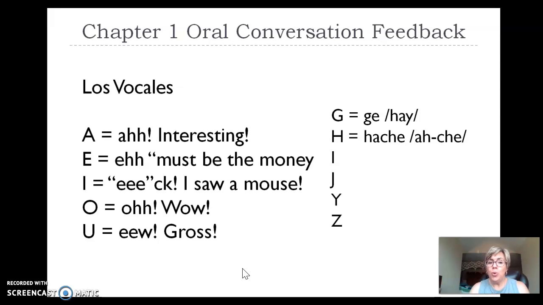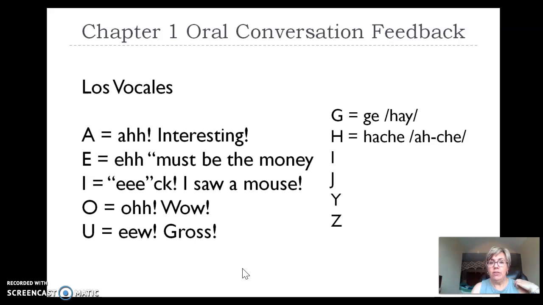And the letter U is pronounced like ooh, gross. Ew, gross, right? So this is what they sound like. A, E, I, O, U. Okay, those are the foundations.